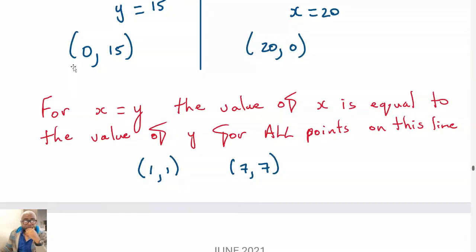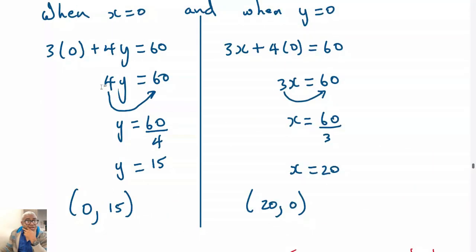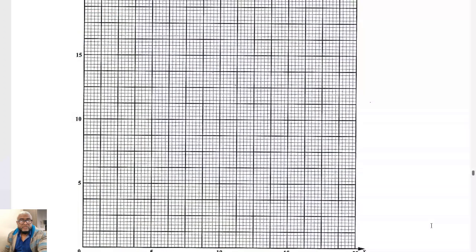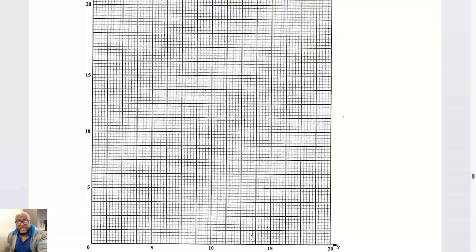So we're going now. All ready? Anybody want to copy this up here? We'll pause the recording. Start your axes, and the scale is 1 centimeter to 1 unit. Every 4 centimeters is 5 units.